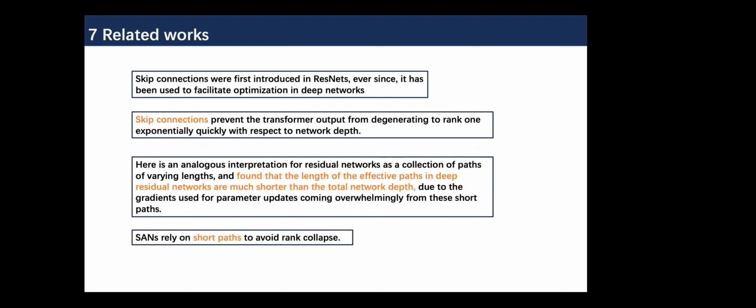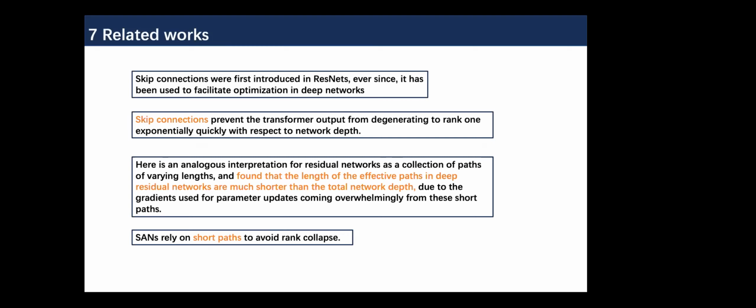And so the paper also mentions some related works, like skip connections, which were first introduced by ResNet, that we all know. And ever since, they have been used to facilitate optimization in deep networks. And the skip connection in this paper prevents the transformer output from degenerating to rank 1 exponentially quickly with respect to network depth.